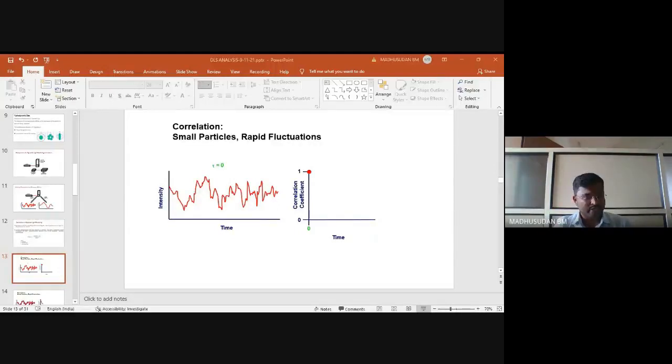I have also mentioned this in the correlation definition. The correlation coefficient is provided by considering the noise within the chamber.